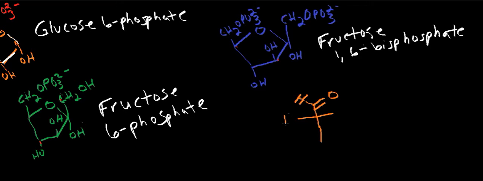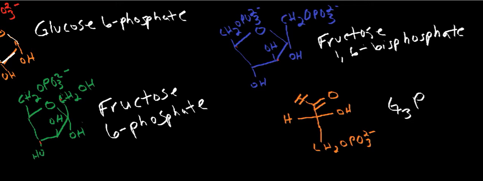If not, you could request an additional video and I could explain where the carbons are. So here is G3P, or glyceraldehyde 3-phosphate, CH2OPO3 2-. And that is my abbreviation, G3P.